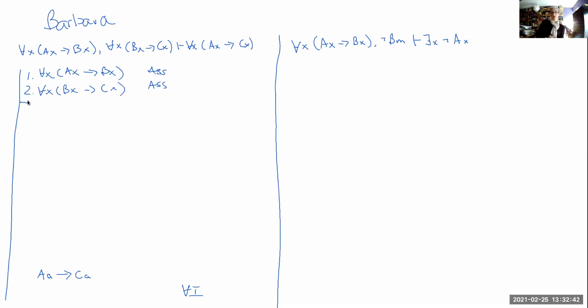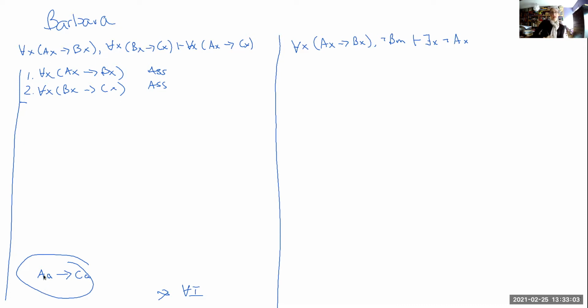Right now this is okay because we've only got these two assumptions and they don't contain any constants. But this is kind of an interim goal: if we could get that, then if the provisos are met, we will be able to apply universal introduction. So let's start with that.